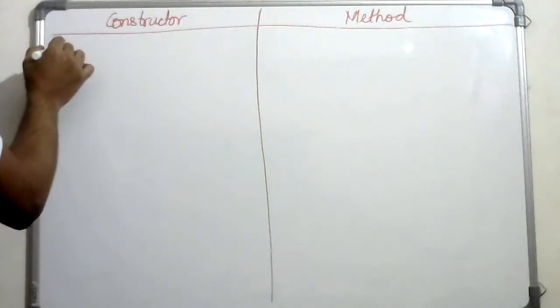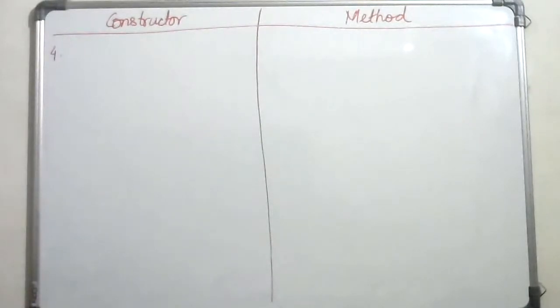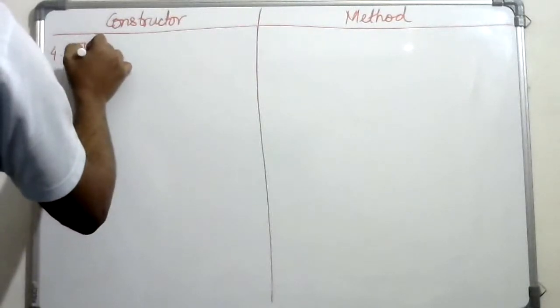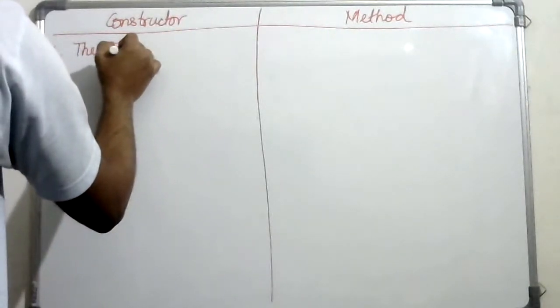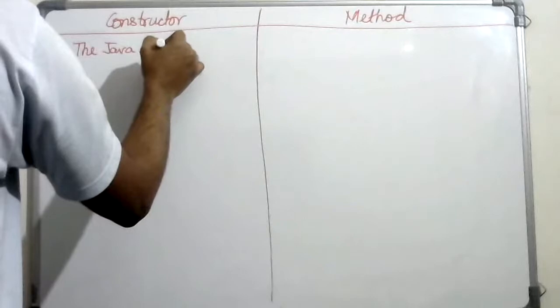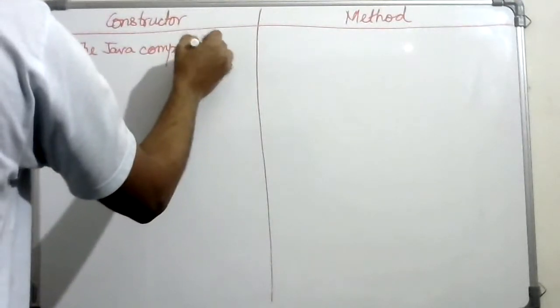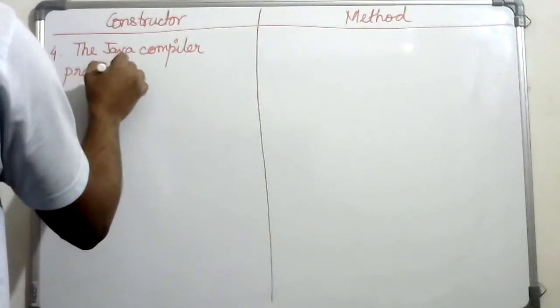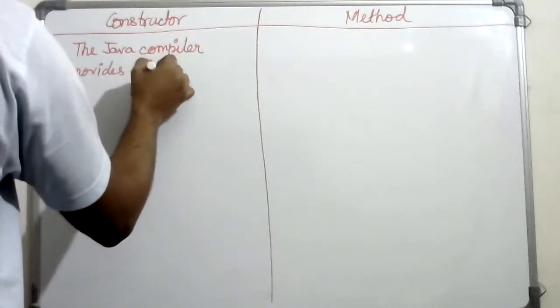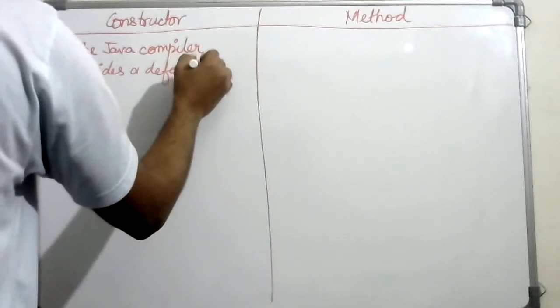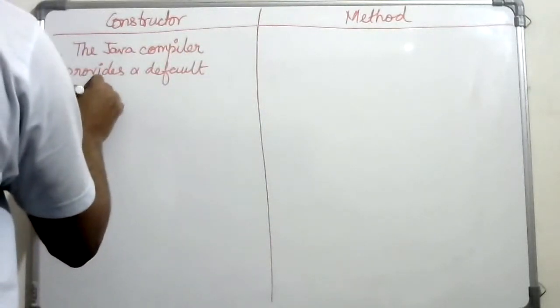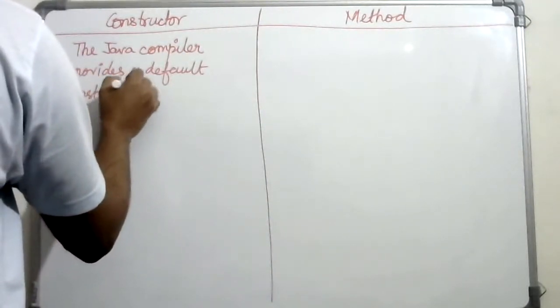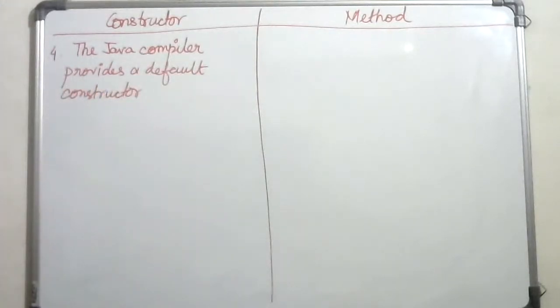The fourth difference is the Java compiler provides a default constructor even if you don't write one on your own.